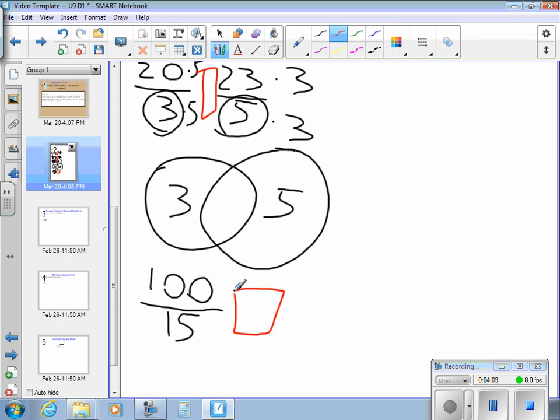So over here on the other side now, 23 times 3 is going to give me 69. And that also is over 15. Now that we have common denominators, 100 is obviously greater than 69. So my answer is greater than.